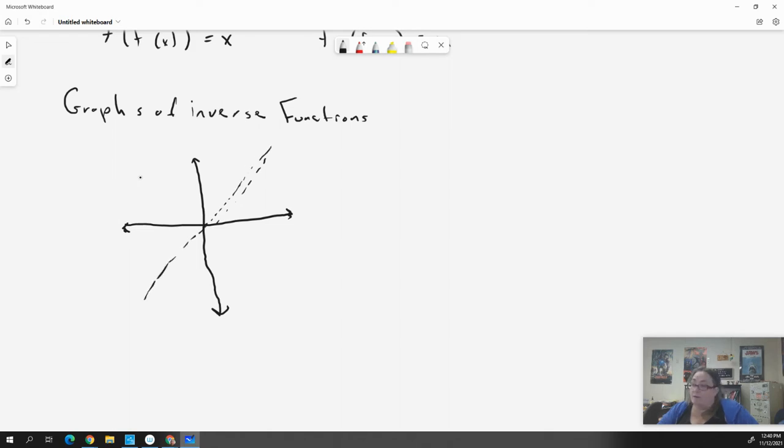So this line right here is what it would be symmetric around. What does that mean? This is y equals x.